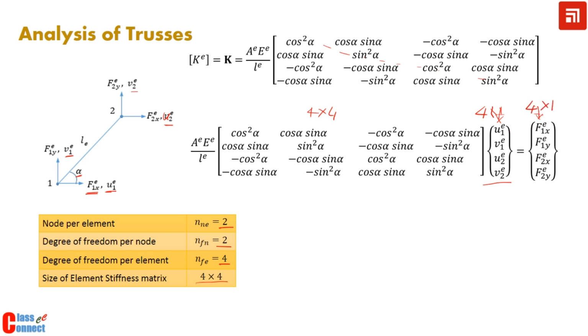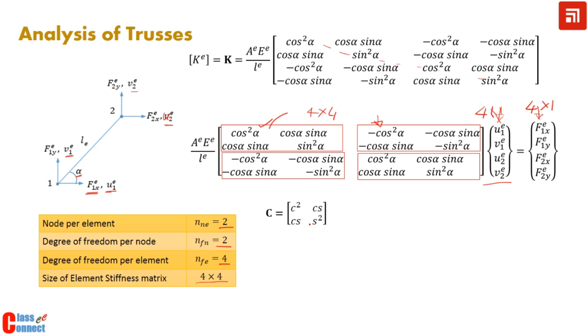If we look at this carefully, we can observe that these 4 terms and these 4 terms are identical, and these 4 terms and these 4 terms are identical, and also this set of elements is the negative of this.